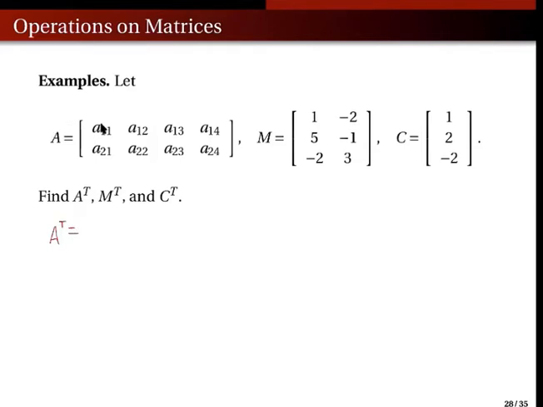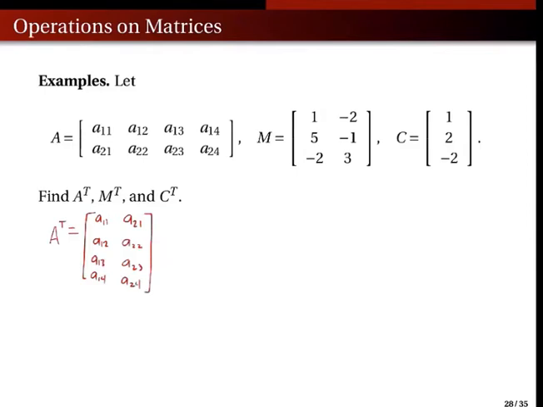The rows of A become the columns of A transpose. So row 1 here will be written as the first column of A transpose. So this one is A11, A12, A13, A14. And then the second row of A becomes the second column of A transpose: A21, A22, A23, and A24.